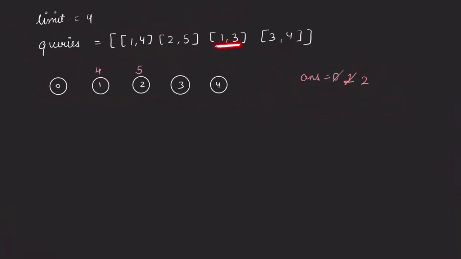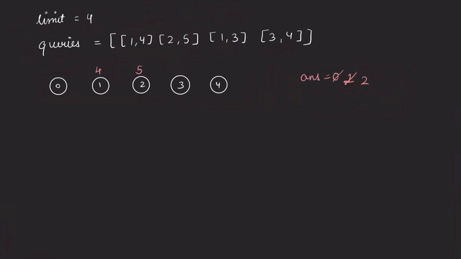Then the next query is 1, 3. Now, if I give a color 3 over here, I would again increment my answer by 1 and it would become 3. But this is incorrect. Why? Because the distinct colors are still 2. So somewhere we will have to store which balls are already colored, so that whenever we are overwriting the color of any ball, we do not increment our answer by 1.